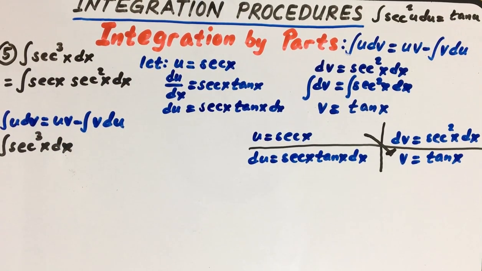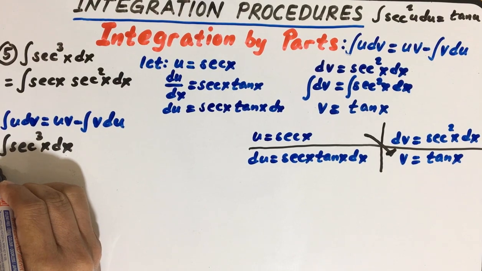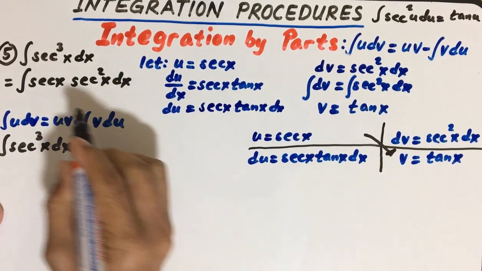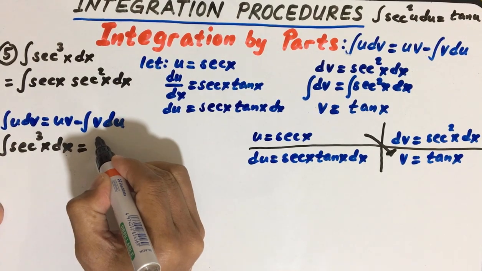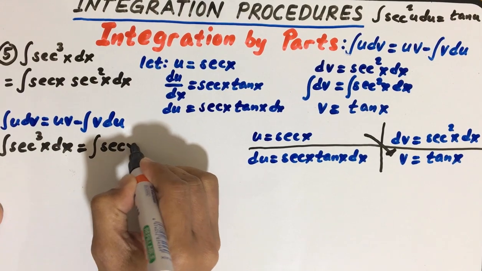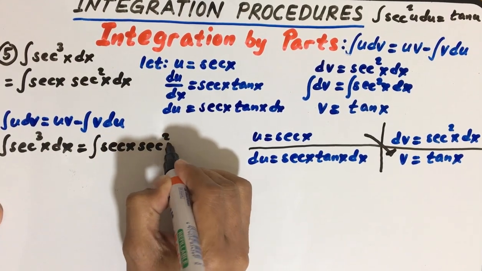Using the formula, or just to make it clear, I will rewrite it here. This is equal to, we break this into two parts, so we have the integral of secant x times secant squared x dx.